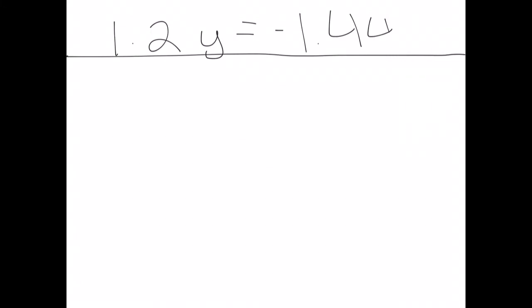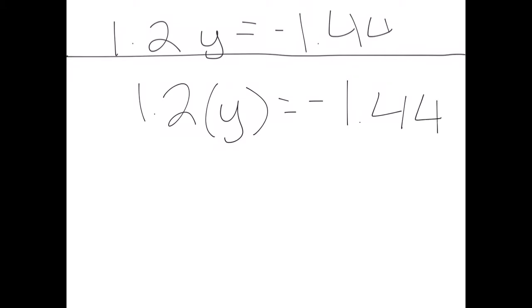To solve 1.2 times y equals negative 1.44. First, we must divide both sides by 1.2.